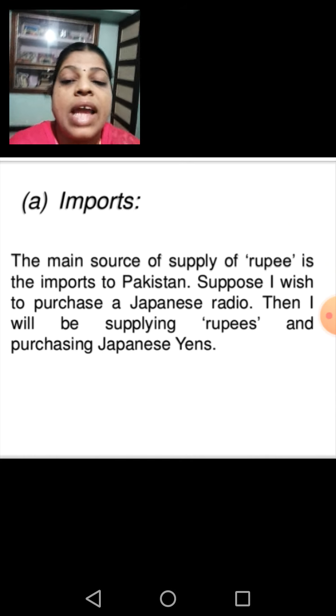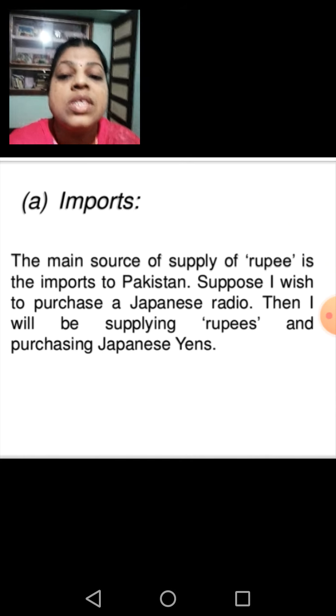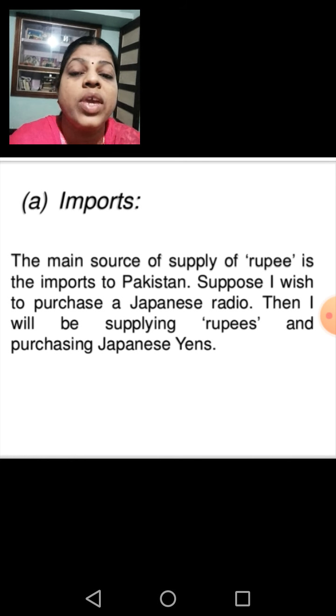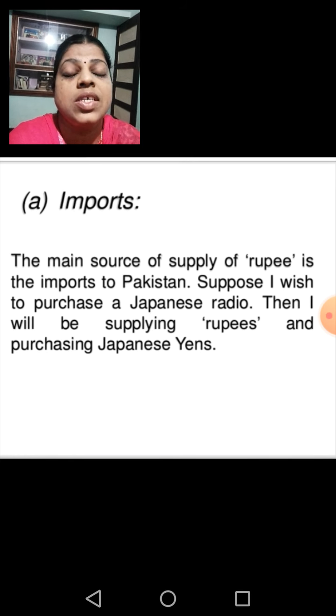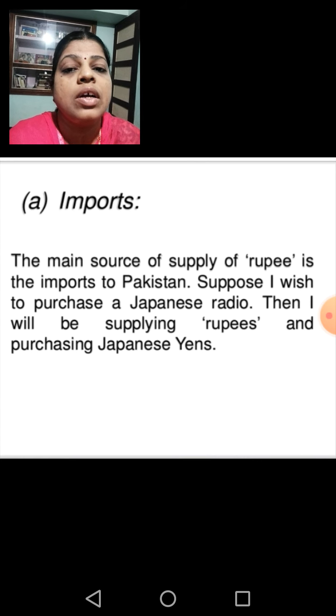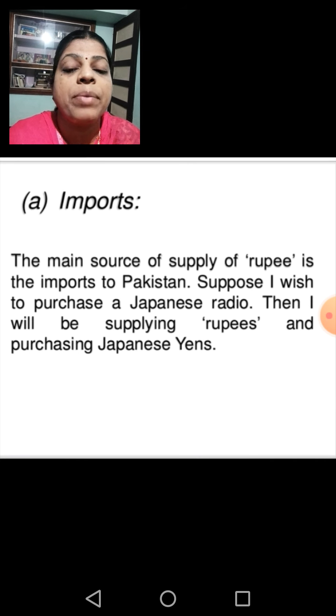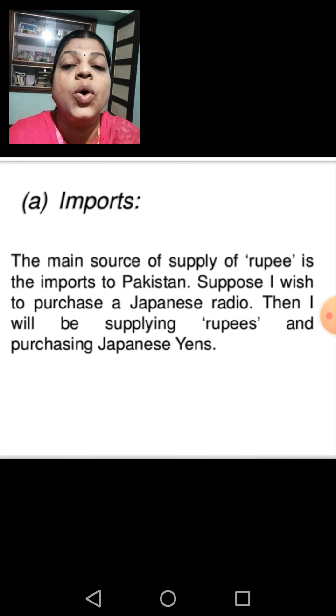From wherever I import goods, I am bound to make payment through that country's currency. So the Japanese yen is required to make certain payments.